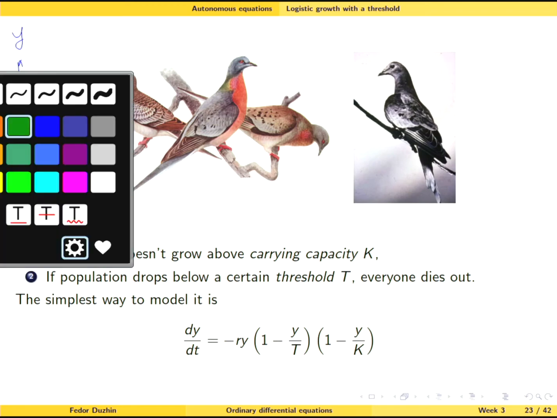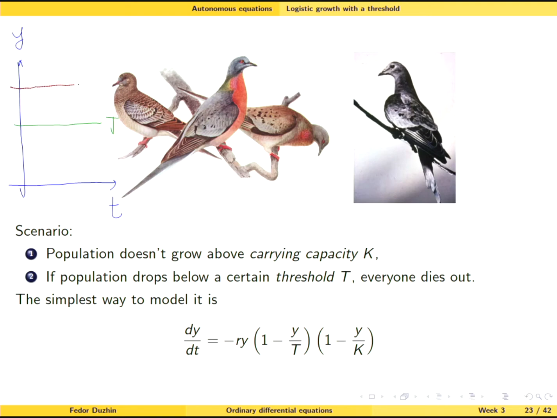And then y equals K is also an equilibrium solution. That's the carrying capacity. Then y equals K should be a stable equilibrium. So above y equals K, all the arrows point downwards, and below it, all the arrows point upwards, so that all solutions converge to K exactly.